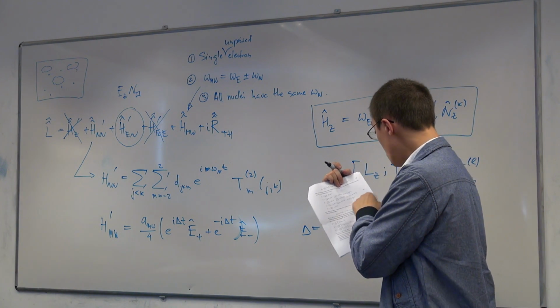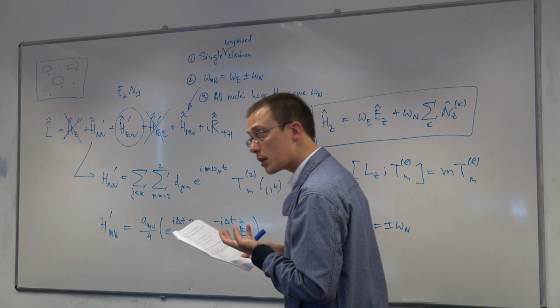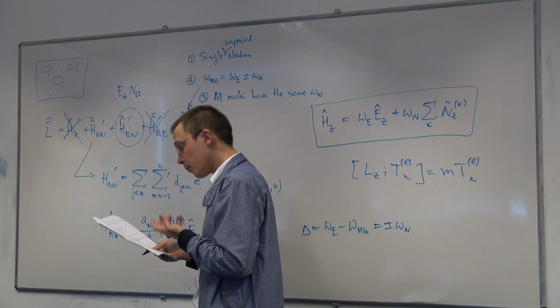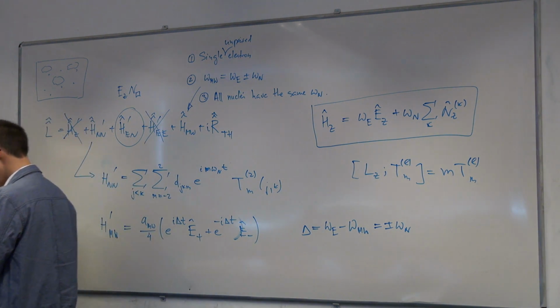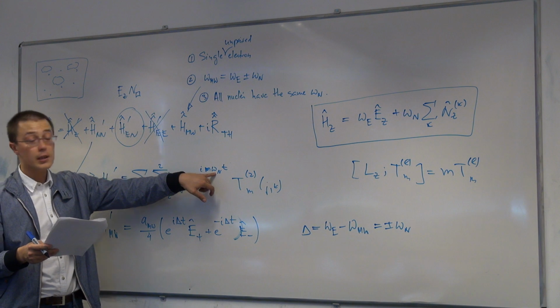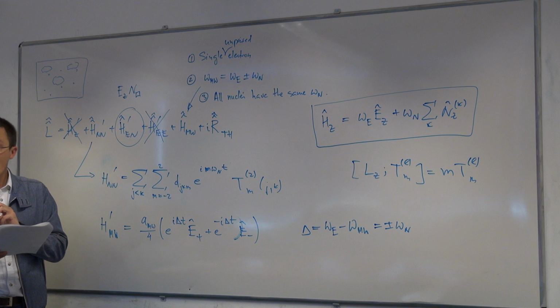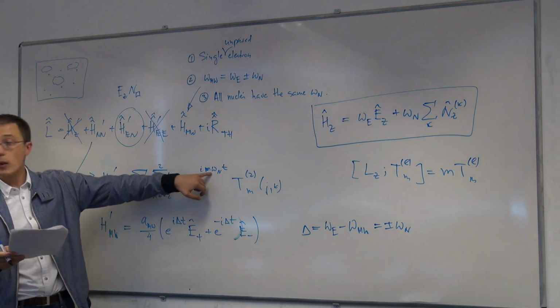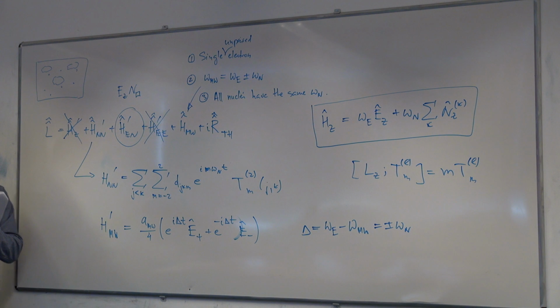After all of that has been done, there's a monstrous set of equations in your handout, equations 19, which contain explicitly, not in spherical tensor form, but written out, all the terms that carry either no frequency, that's H0, or a single frequency, oscillating at omega n, that's H plus and H minus, or in some cases oscillating at twice omega n, that's H double plus and H double minus.